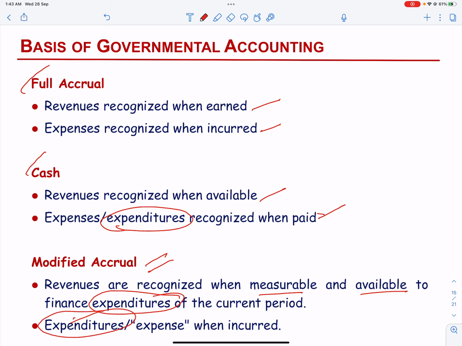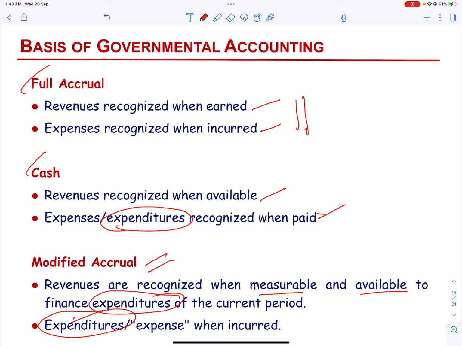We don't use the term expenditure in full accrual basis. Also remember that expenditure is not an expense, rather it is a decrease in a financial resource, usually cash, to settle a liability. The government has an obligation to pay for something, so a liability is settled by paying cash.